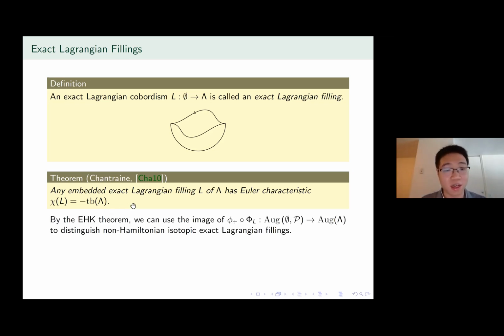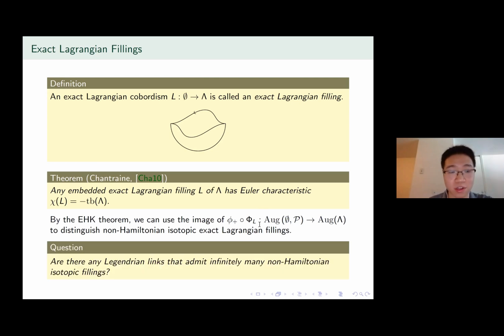Okay. So by the HK theorem, we can use the image of this composition, from the empty set with the decoration coefficient to the augmentation variety, to distinguish different fillings.